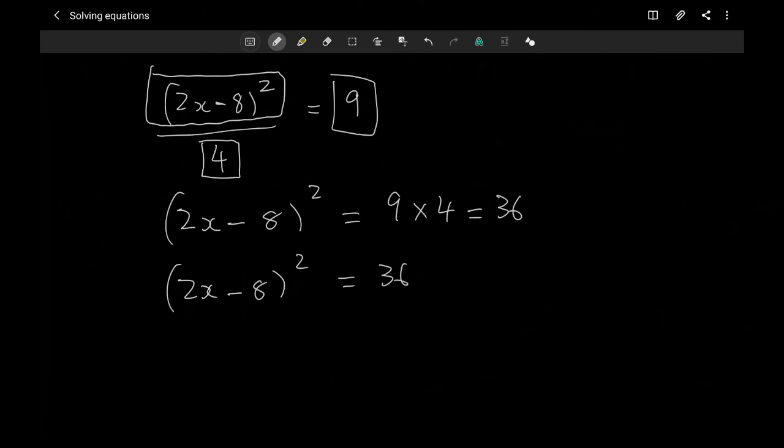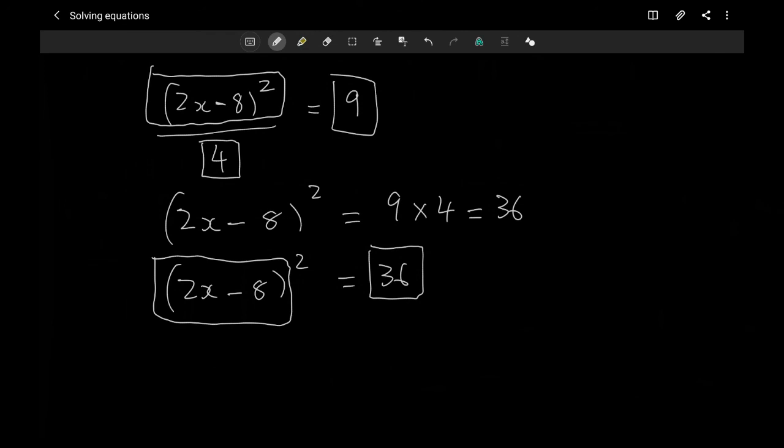So let's see now how we can fit this new equation into the 3 boxes. Start off with this simple one. That's 1 box. You know that there's nothing you can do with the 2x minus 8 because it's inside brackets. So we give it its own box.